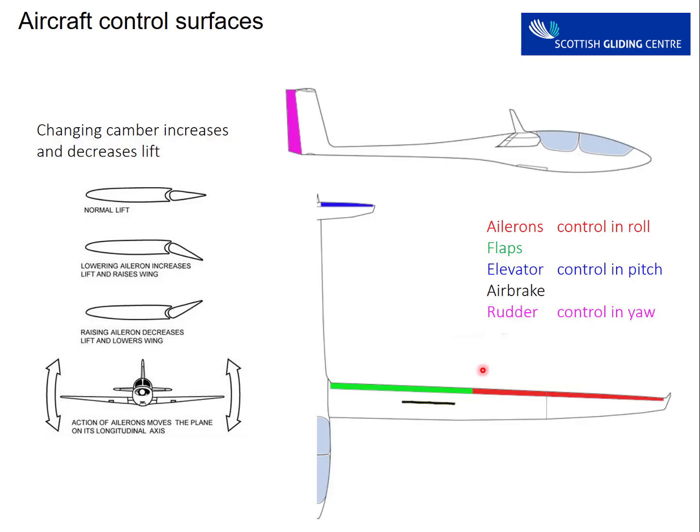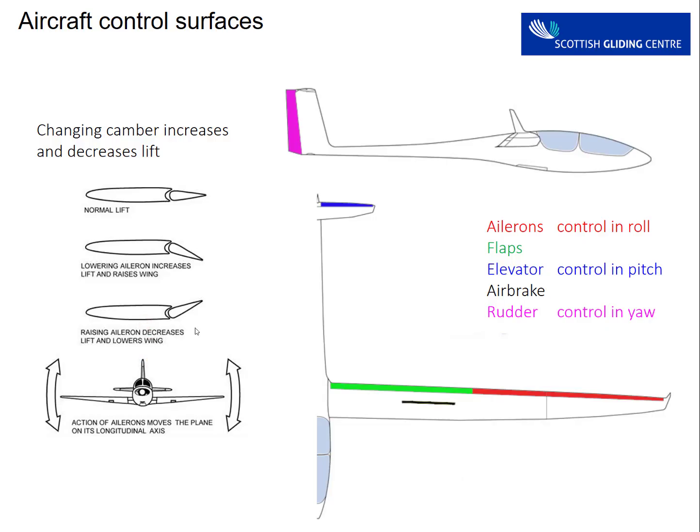So if we consider an aileron out at the wing tip, what we see is that if we deflect the aileron down, we generate more camber, which creates a force in the upward direction. If we deflect the aileron up, we generate more camber again, but in this case it would generate a force in the downward direction.